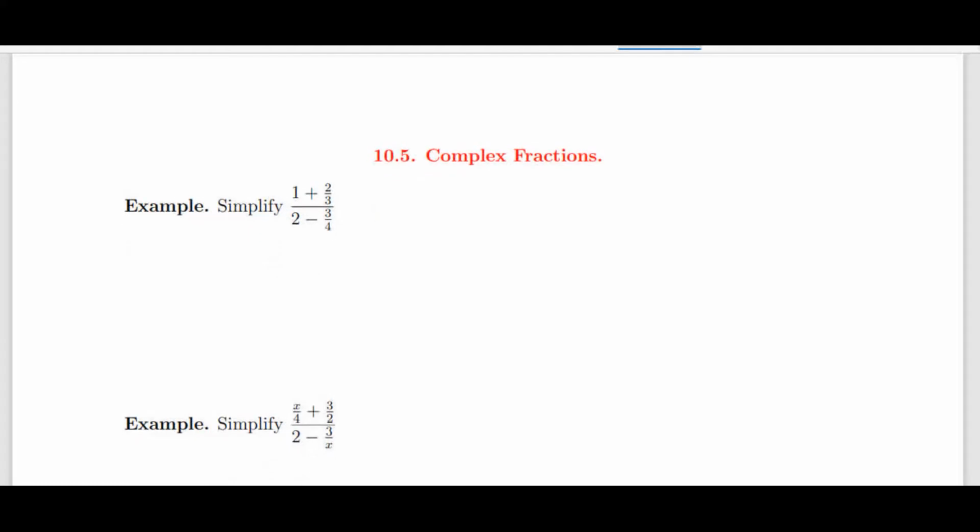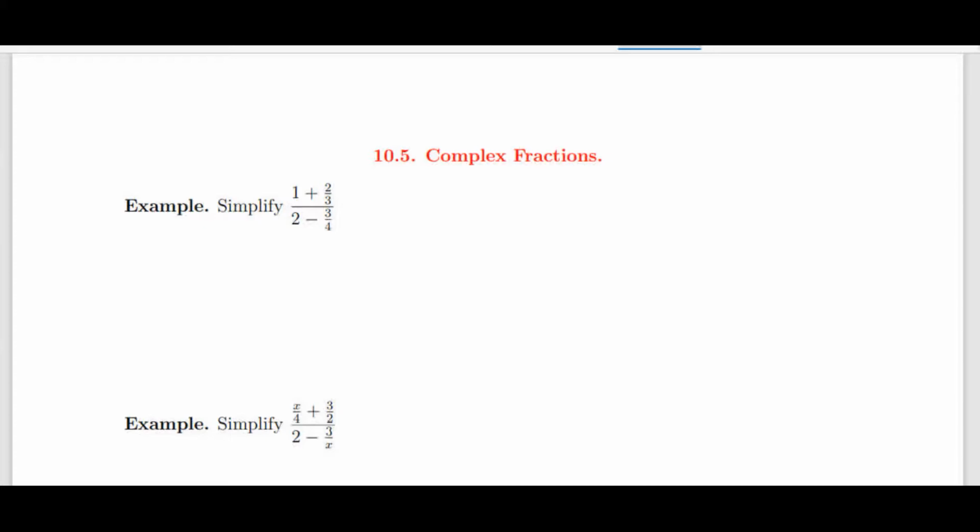Fractions are integers over integers. Then we can have a fraction over a fraction, and we call those a complex fraction. For a complex fraction, at first we need to simplify.